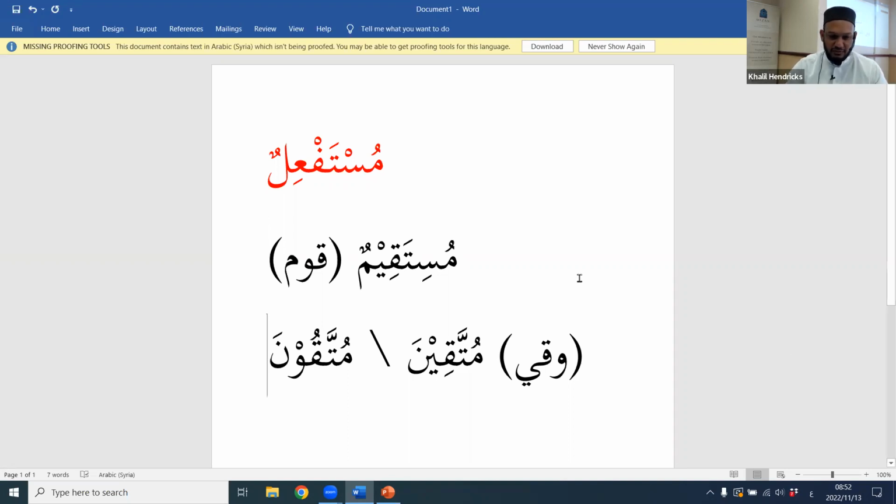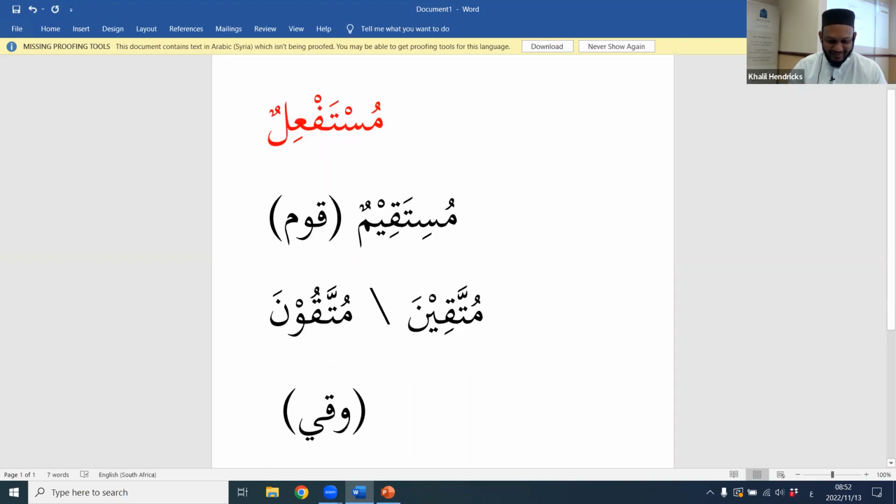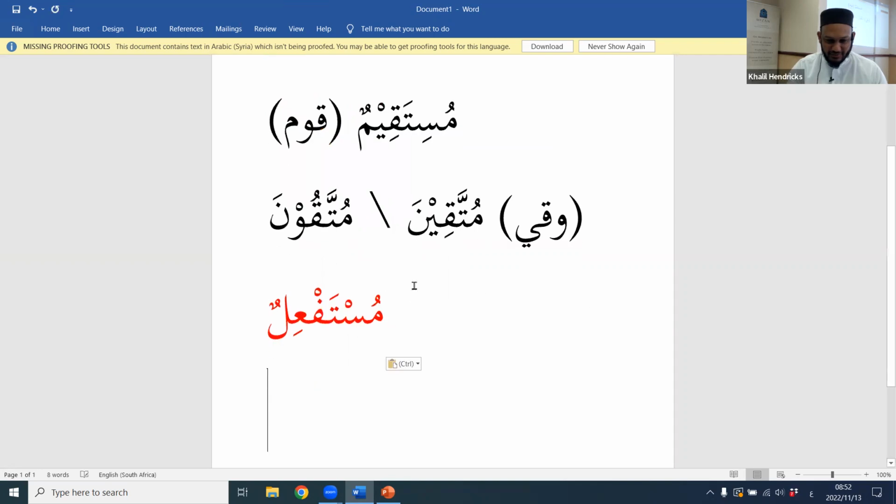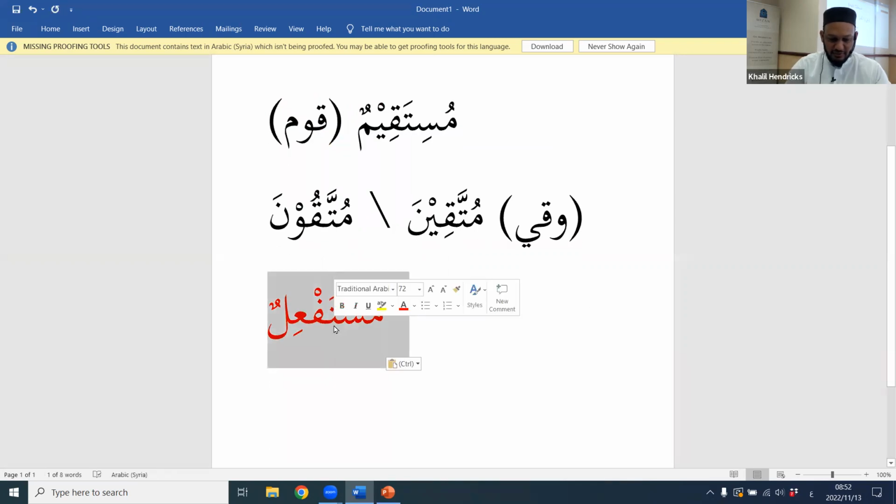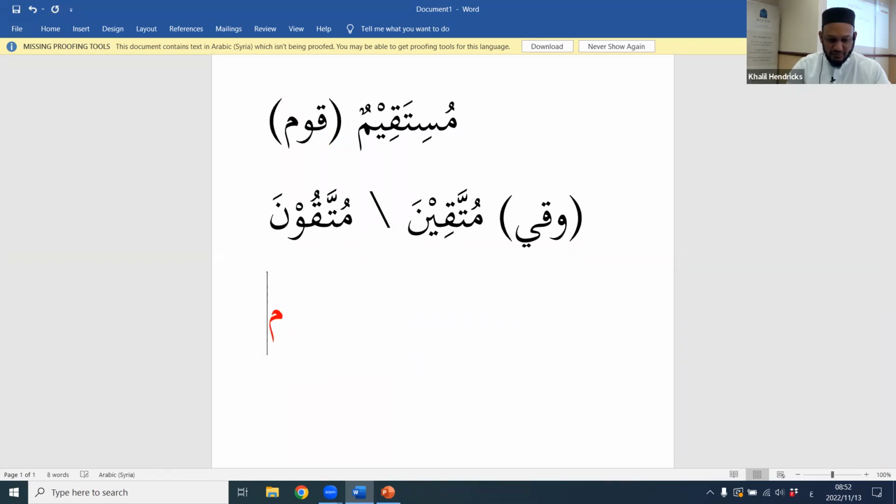And I'll give you the other one as well because you're probably going to struggle with it. We did the example in previous weeks. So this is going to be mufta'ilun.